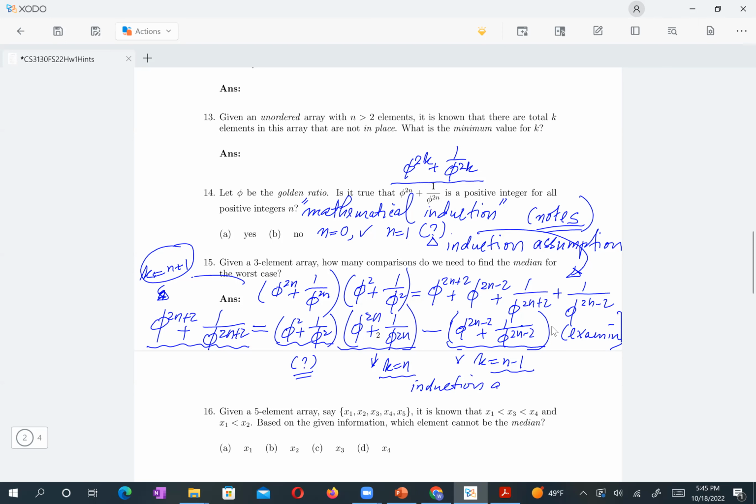After you connect, what conclusion do you get from the left-hand side? Conclusion for step 3 of mathematical induction. How about that?